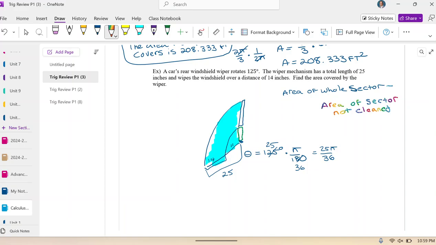The sector that's not cleaned is this part right here, right? So if you take the whole thing and subtract this, that'll give you the part that's being cleaned.